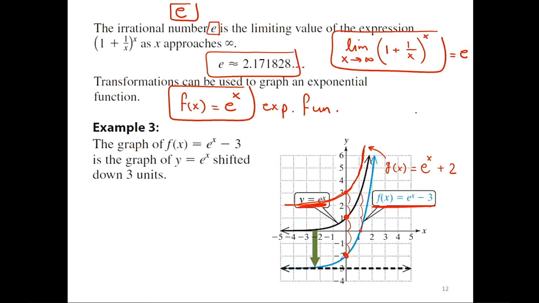So if we have the exponential function plus 2, plus 3, plus 5, this is shifting up by some units. But minus 3, minus 2, minus 5, minus 4, this is shifting down.